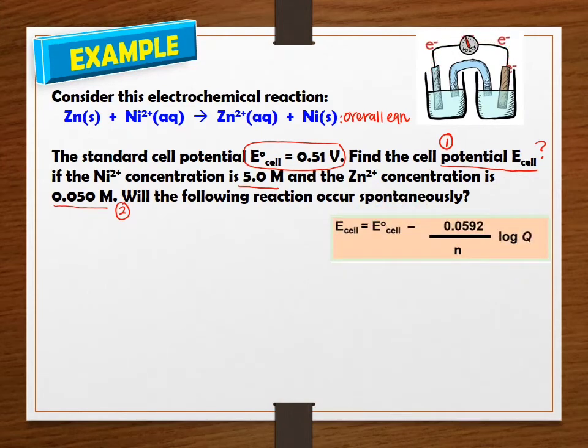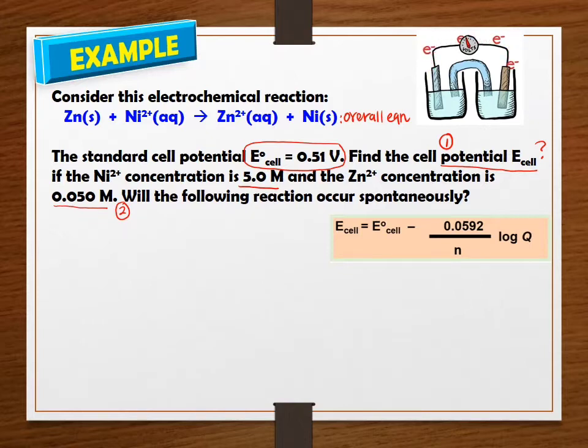Tadi saya kata formula ni untuk 25 degree Celsius je. Tapi you kena faham sebab biasanya reaction memang berlaku dekat standard temperature. Okay? So, kita memang direct guna formula ni. Except kalau dia bagi temperature lain. So, dalam case ni temperature dia tak beri. So, we assume that this reaction will occur at standard temperature, which is 25 degree Celsius.